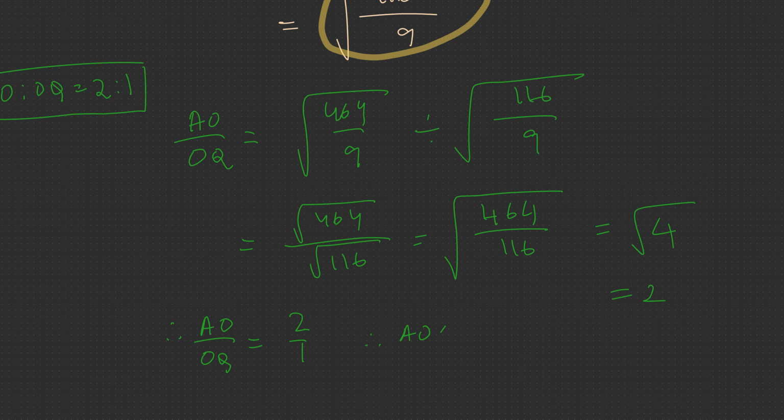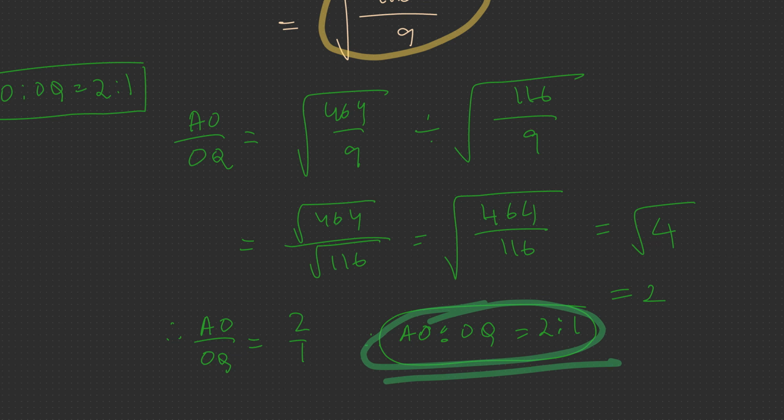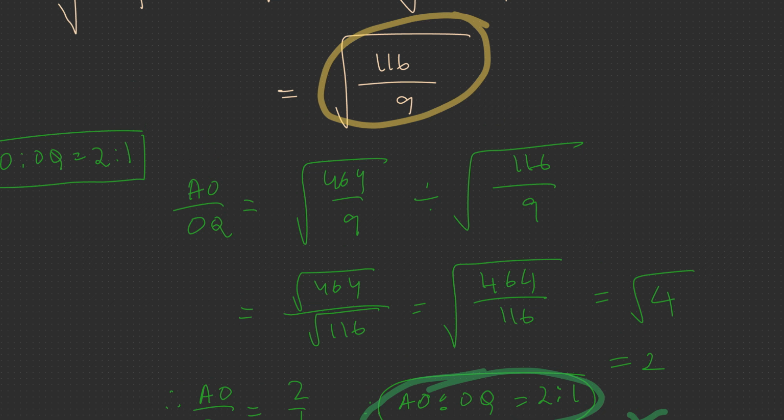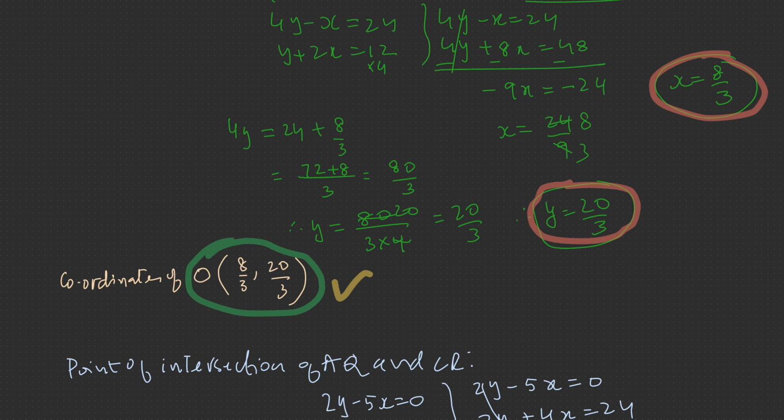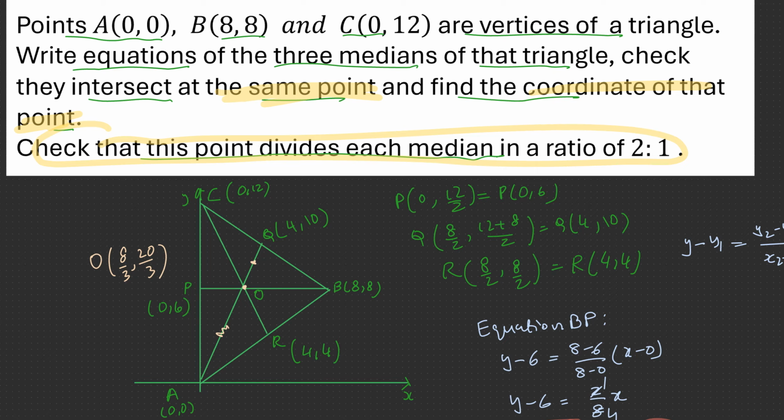Therefore AO is to OQ is 2 is to 1. Hence our proof is done. And this is correct. It matches, isn't it? 2 is to 1.